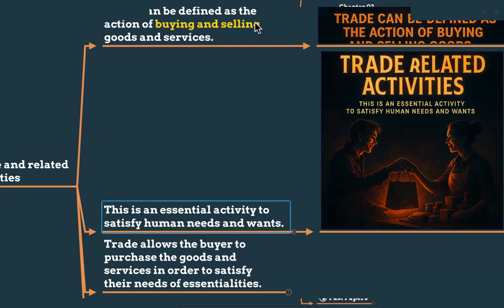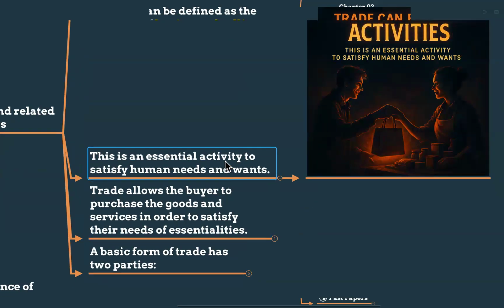We are not in an economy that is self-sufficient. Even though Sri Lanka is an island, we are still importing fish. We are still importing our agricultural items. We are fully dependent on other countries' products as well as services. So this is an essential activity to involve in local trade as well as in foreign trade.